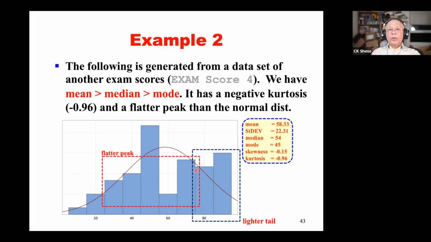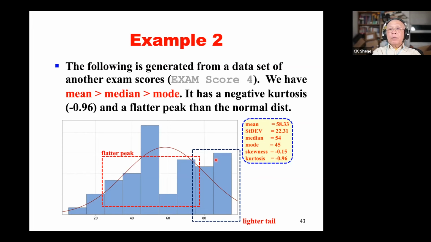Flatter peak. This is just a bump. Usually in statistics, just one data being bumped particularly high usually does not change much. So we have a flatter peak. And we also have a lighter tail. It's going up. So could this one be normal?